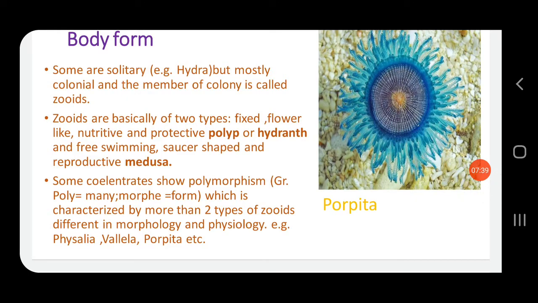So there are two polymorphic forms, polyp and medusa. Hydra is an example of a polyp, while a jellyfish or Aurelia is an example of a medusa.